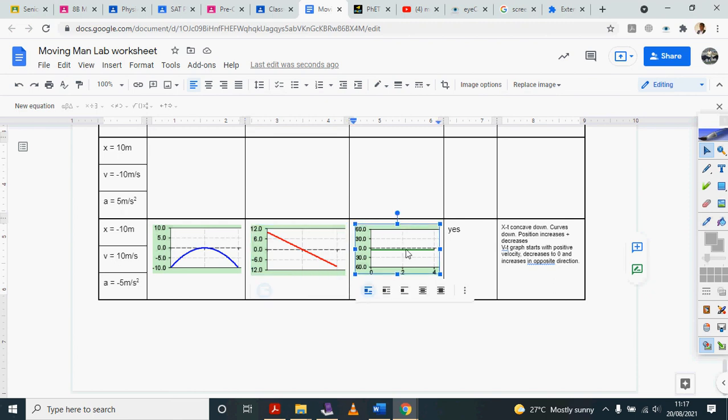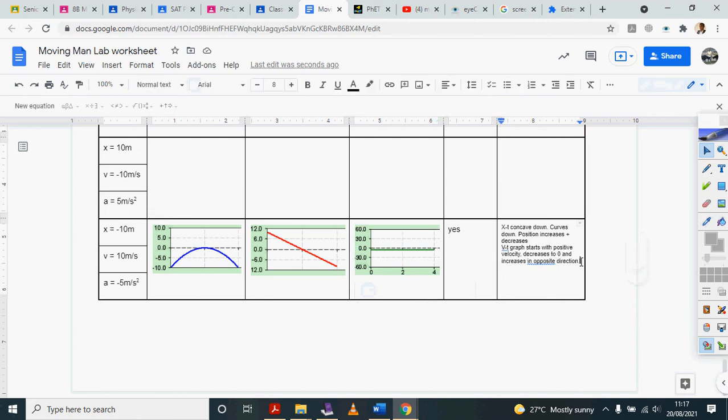So you start out with a positive velocity, but since you have a negative acceleration, the acceleration time graph will say negative constant acceleration, right? Because you have a negative acceleration, your velocity has to decrease and then start increasing in the opposite direction. I hope this helps.